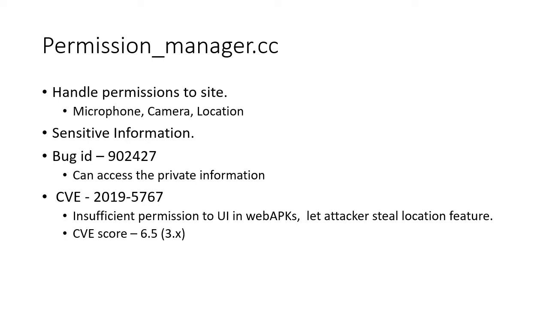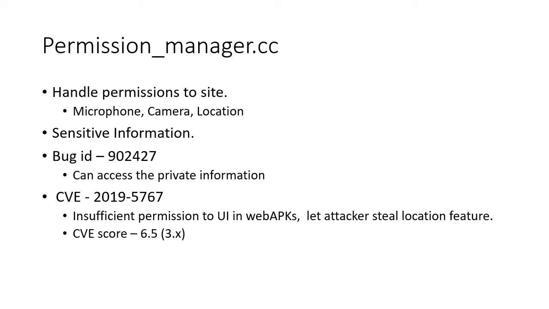One issue that was reported is a bug with ID 9022427. The attackers were able to access private and sensitive information like the camera, microphone and location information by bypassing Chrome's permission authorization.